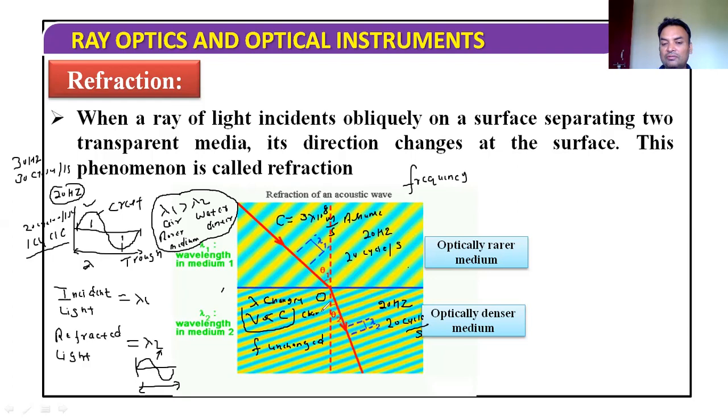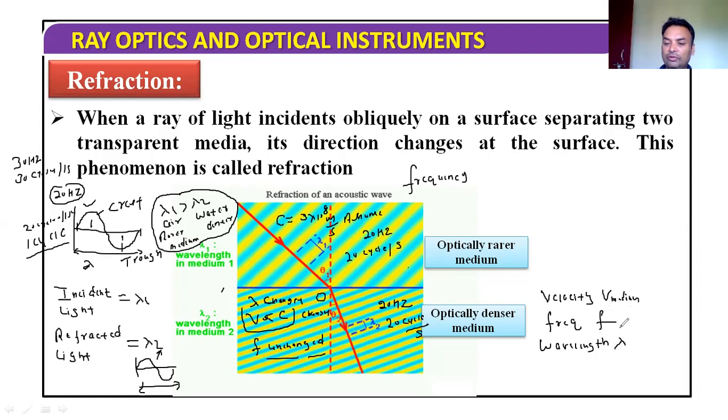From these three terms, velocity, frequency, and wavelength: if the velocity in the medium, which is water in this case, is v, frequency is f, wavelength is lambda.